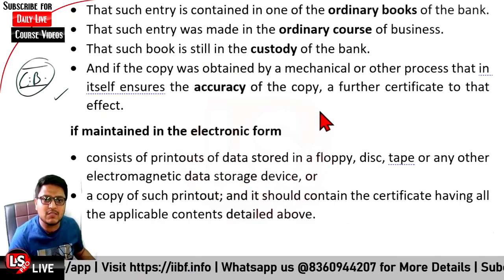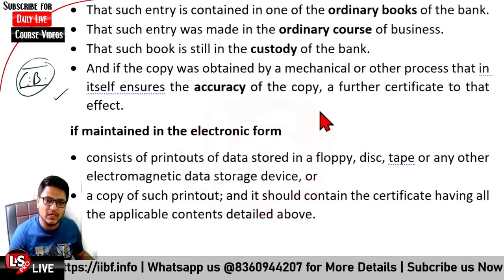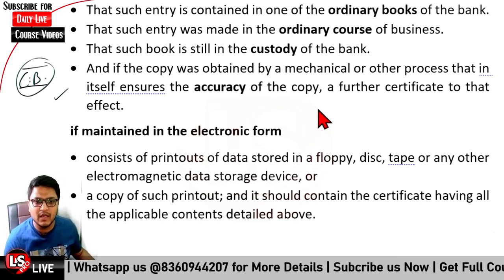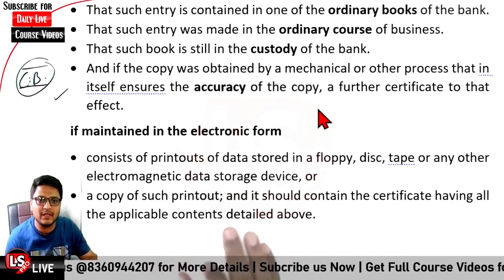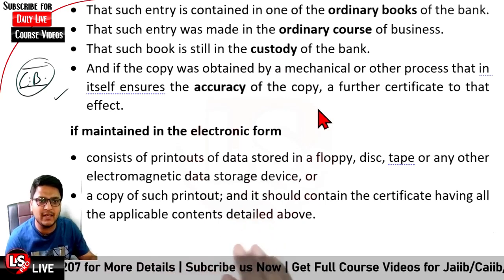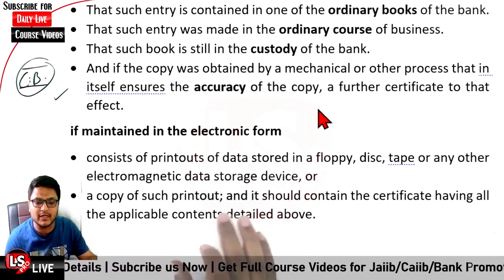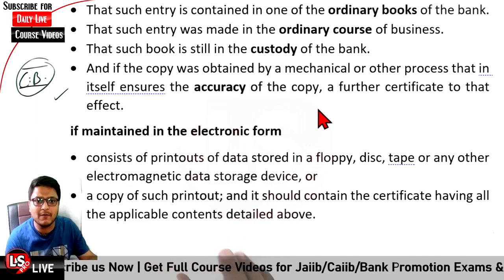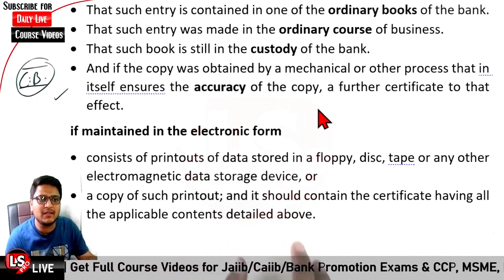So what if it is maintained in electronic form? Then it could consist of printouts of data that is stored in floppy disk, tape, or any diskette or electromagnetic data, or maybe a pen drive, a copy of such printout, and it should contain the certificate.